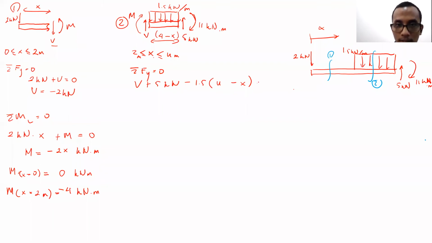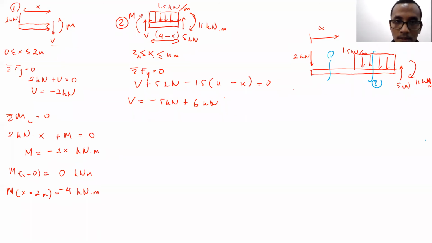So 4 minus x equal to 0. So then our V value will be minus 5 kilonewton plus 6 kilonewton minus 1.5x.